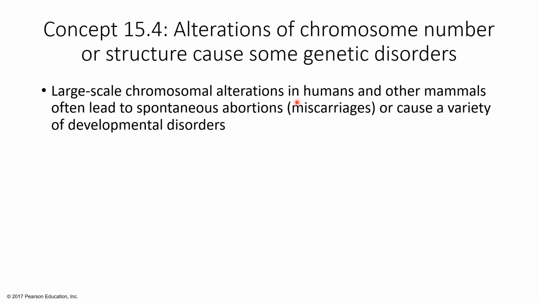It's not going to work. All right. But there are a number of them that are viable, and we see a lot of disorders being caused, particularly in mental and physical development, by changes in numbers of overall chromosomes.